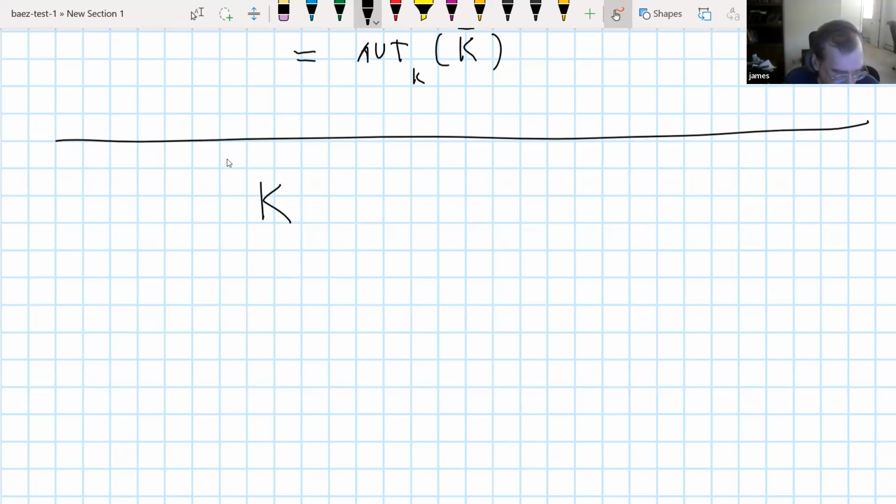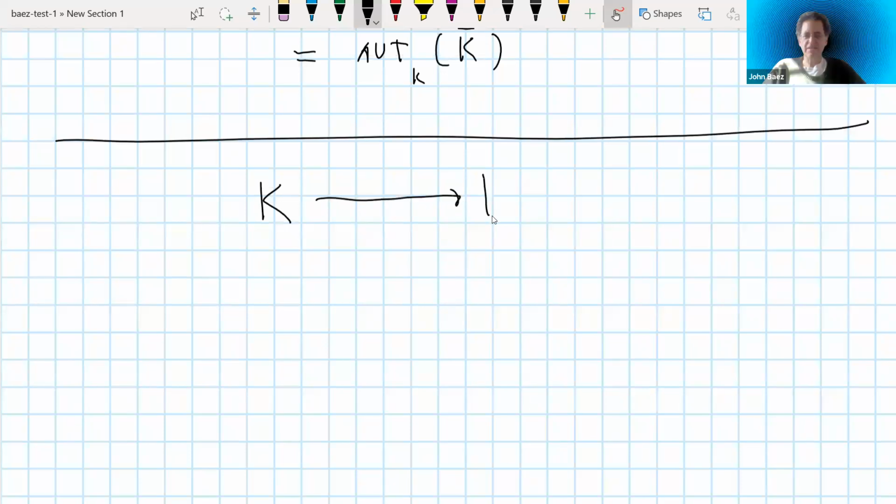Then pick any extension of K, say L. I want it to be a Galois extension, and I want the Galois group over K to be Z mod 3. So Gal(L/K) is Z mod 3.